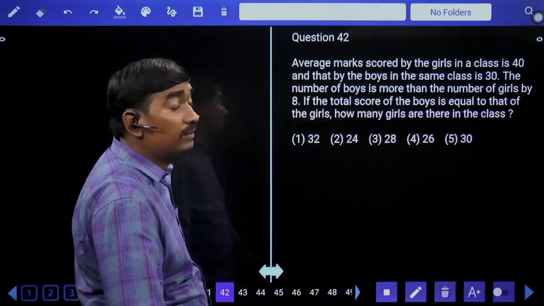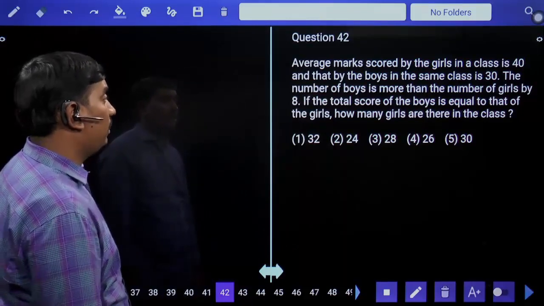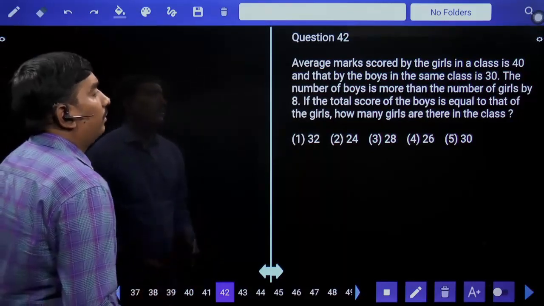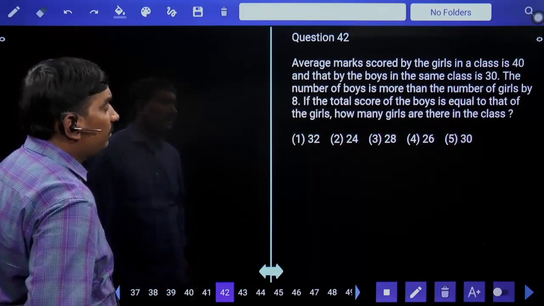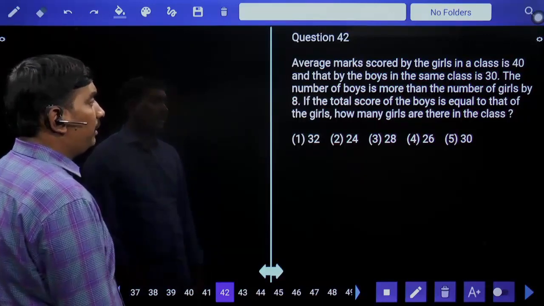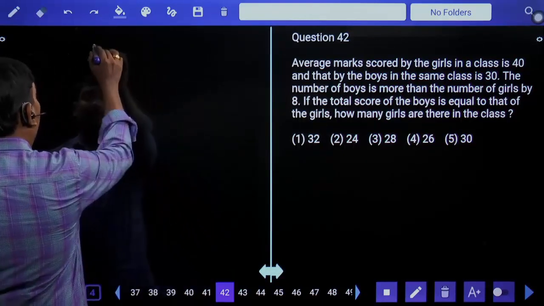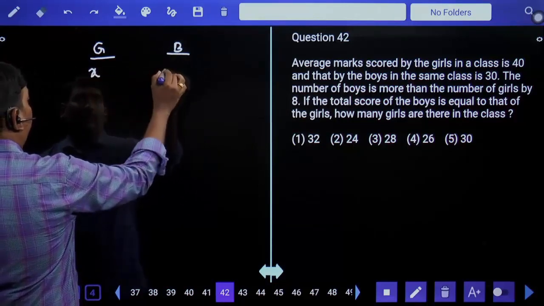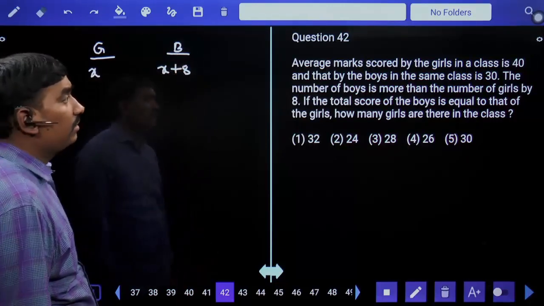Next. Average marks scored by the girls in a class is 40 and that by the boys in the same class is 30. The number of boys is more than the number of girls by 8. If the total score of the boys is equal to the total score of the girls, how many girls are there? Suppose x girls are there, then boys become x plus 8, because boys are 8 extra.